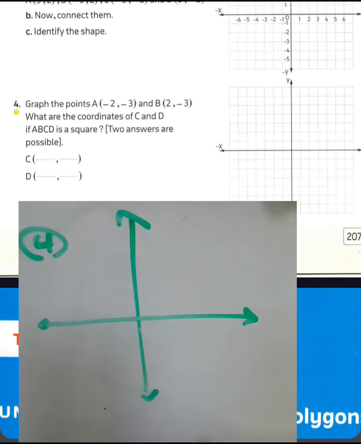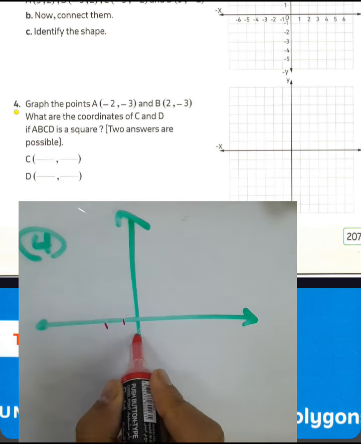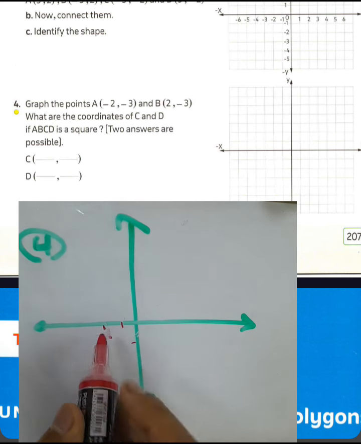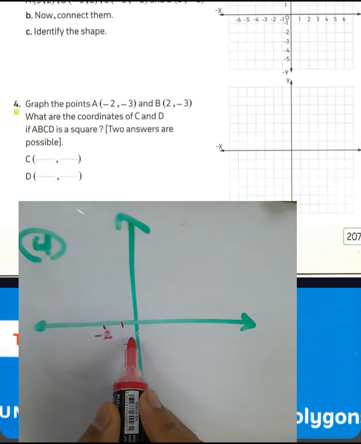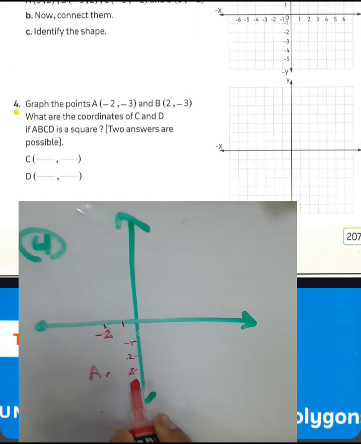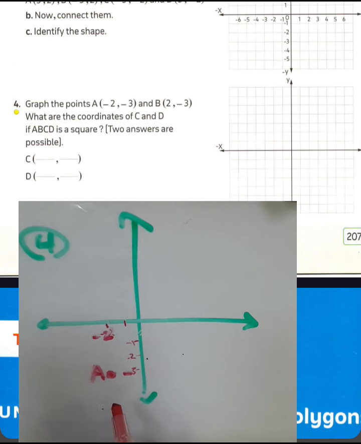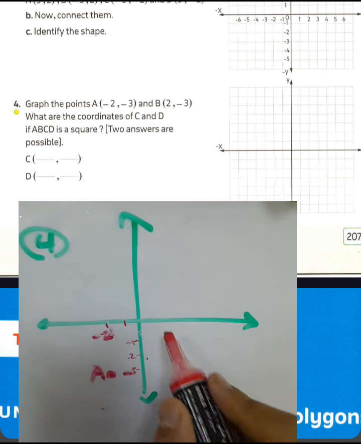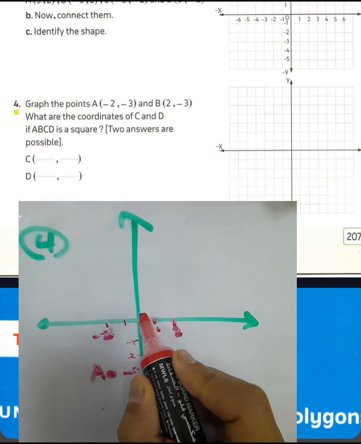First point A was (-2, -3): -1, -2, here -2, -1, -2, -3. We have here point A, okay, (-2, -3). And point B, (2, -3): 1 and 2, and -3 here.